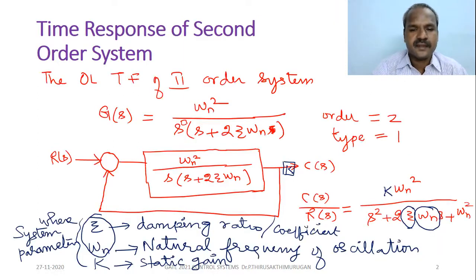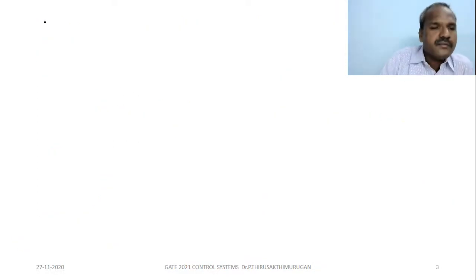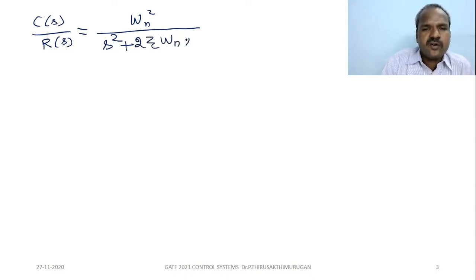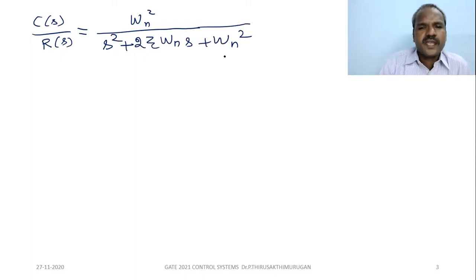So from C of S by R of S, the closed loop transfer function, always consider the denominator part of the closed loop transfer function equal to 0. It is called the characteristic equation.